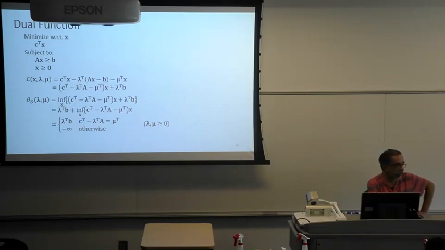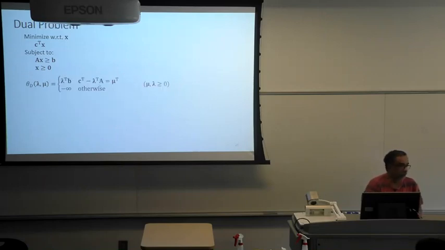So that the infimum becomes negative infinity. Okay, so it's negative infinity otherwise, except when this inside is 0, in which case you cannot adjust x, it's fixed. It's lambda transpose b.